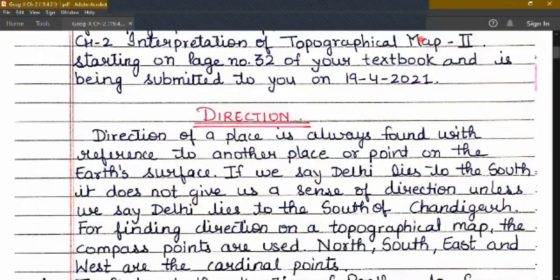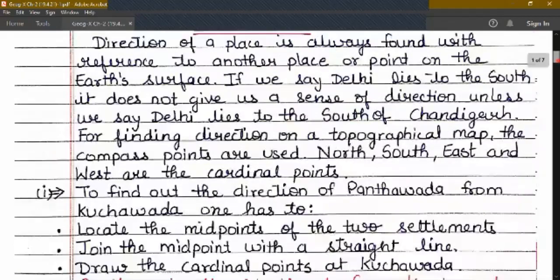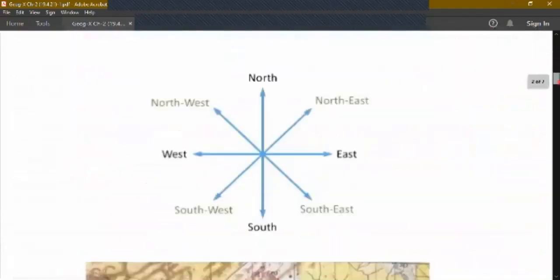For finding direction on a topographical map, the compass points are used. North, south, east and west are the cardinal points.